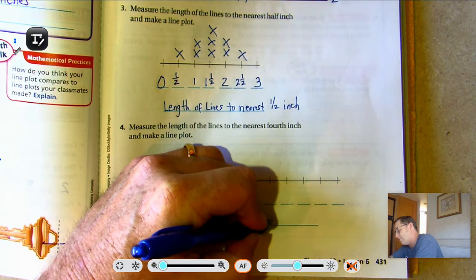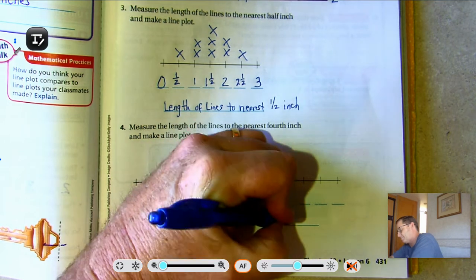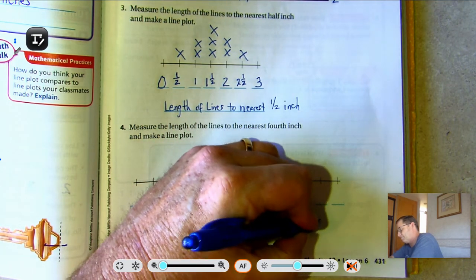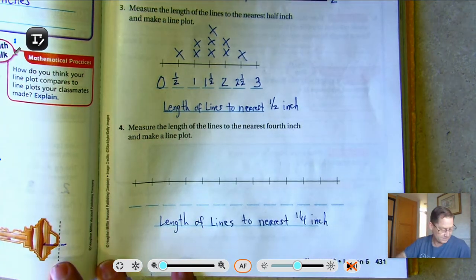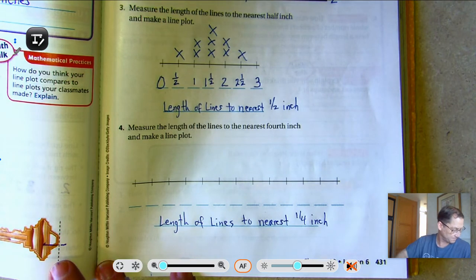To nearest 1/4 inch. Okay, so nearest 1/4 inch.